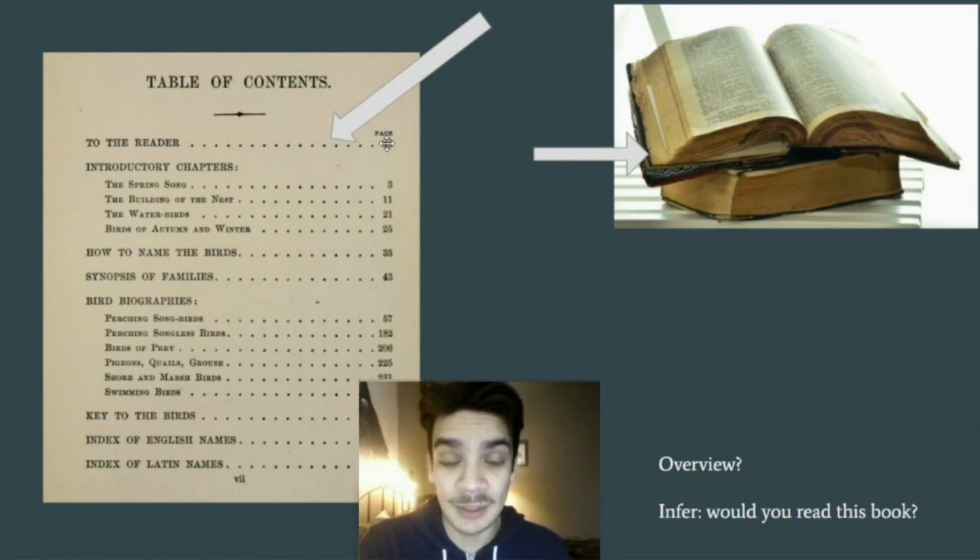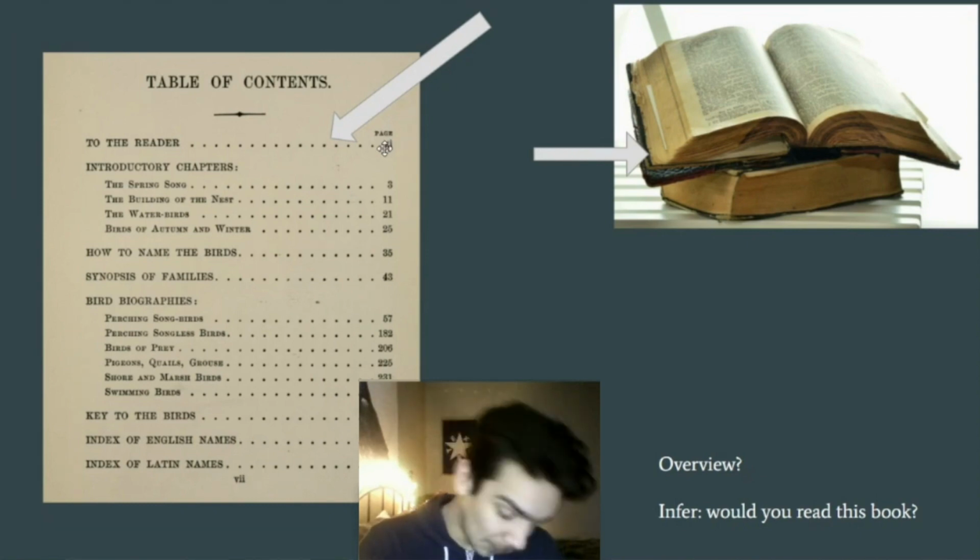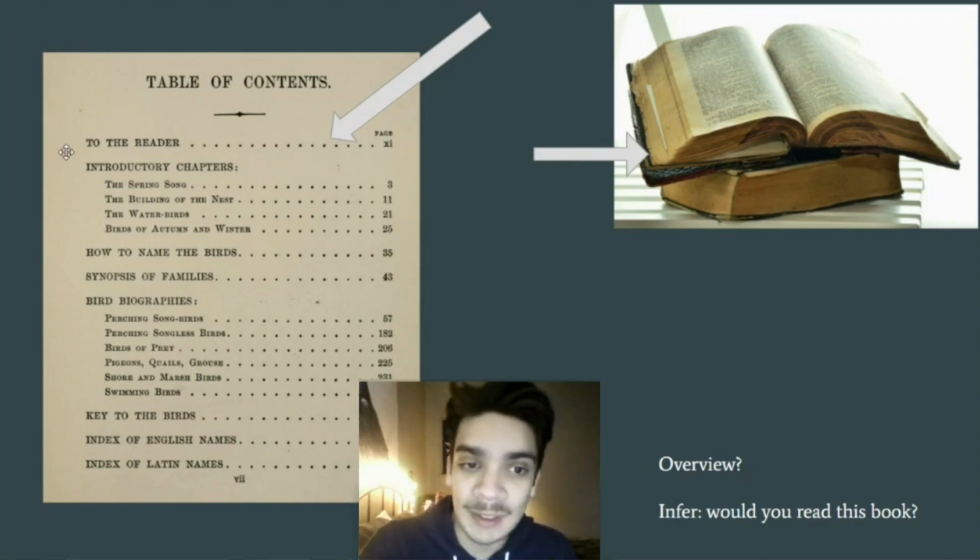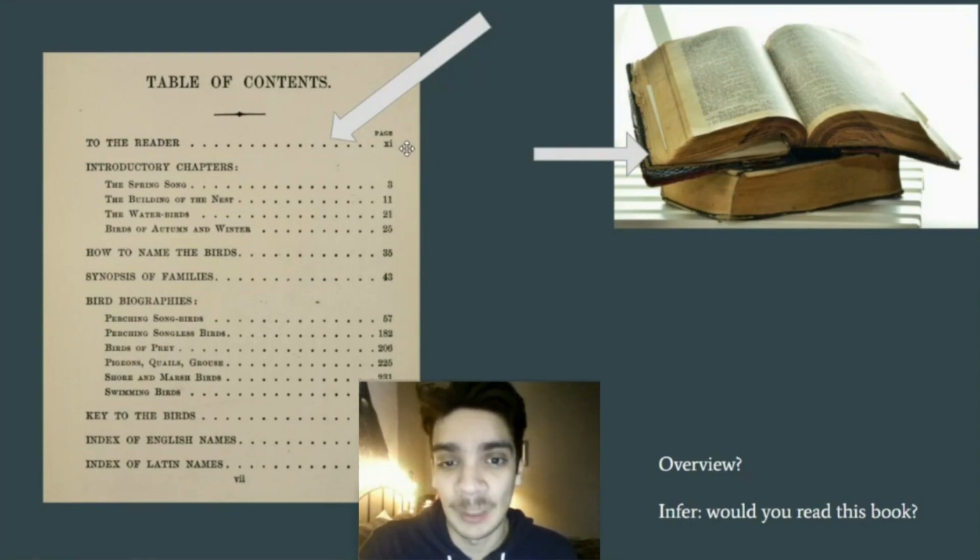So the table of contents really tells us two things: what and where. So the what is, well, we're going to find out a note to the reader. And where, it's on page 11, or in Roman numerals, the XI.